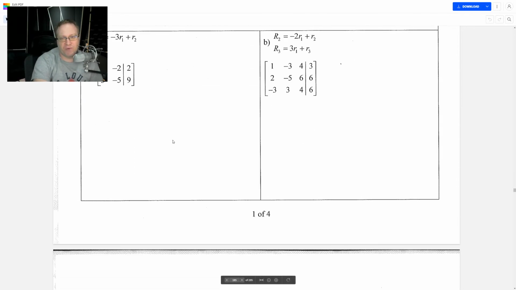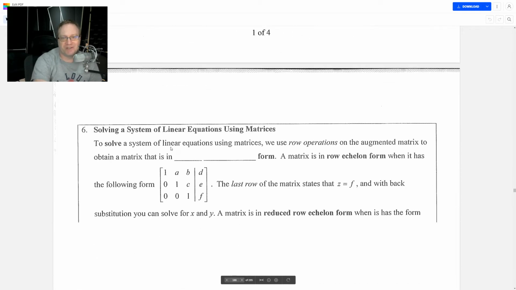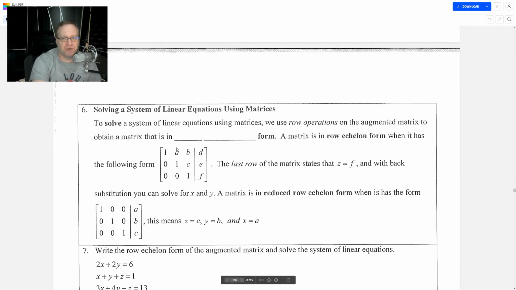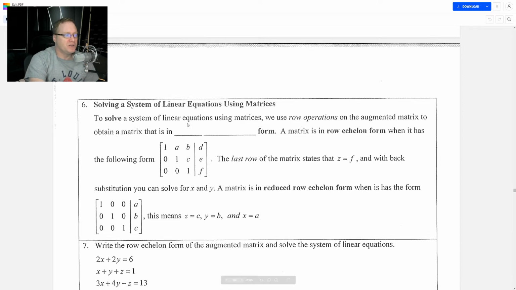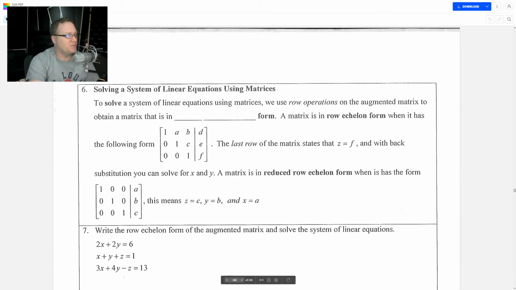Now today we are going to talk about why we learned to do that, because we're going to use those things to solve systems of equations. More solving equations. So first, let's talk about a couple of new words. Here we are going to be talking about a way of writing our matrices.